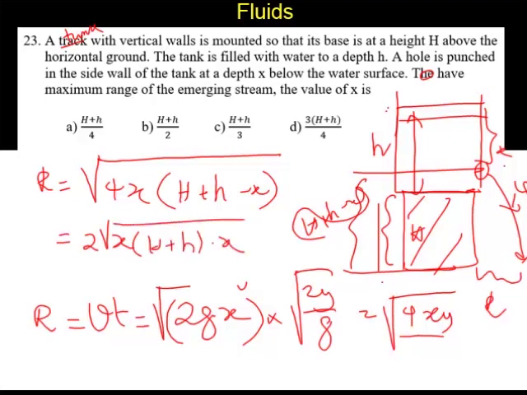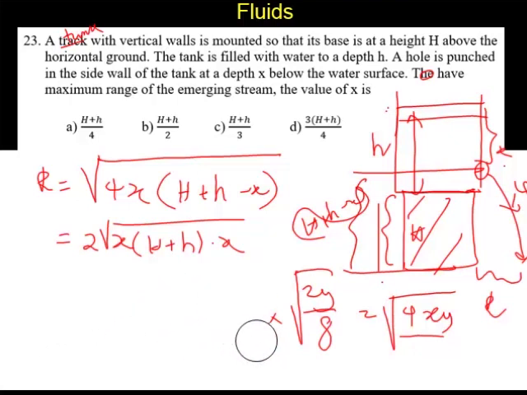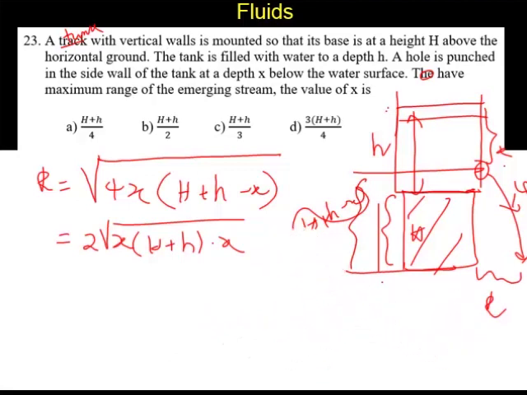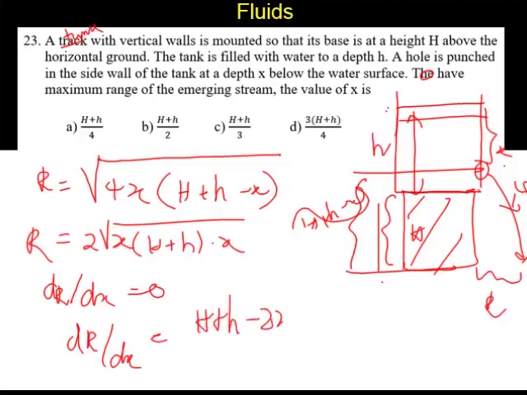Now to have a maximum range, differentiate this equation with respect to x and equate to 0. So for maximum range, dR by dx should be equal to 0. If you differentiate the above equation, dR by dx on differentiation we will have h plus H minus 2x divided by root of h plus H minus x, into root of x, is going to be 0.